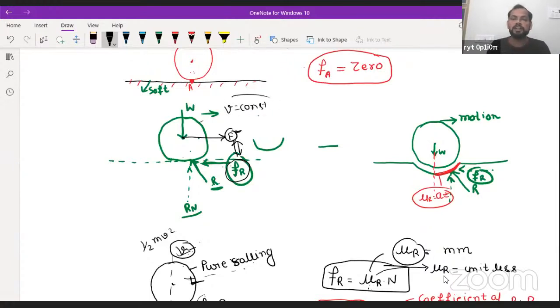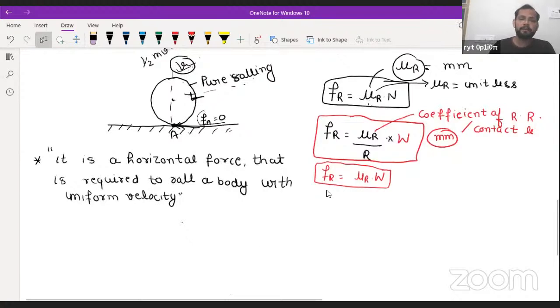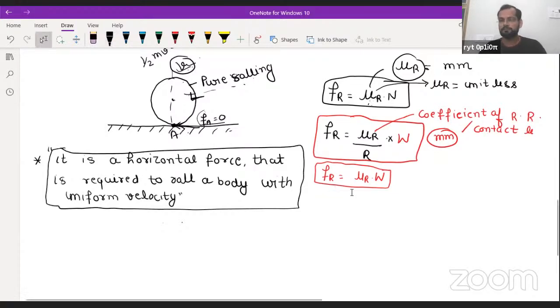Fine. Is it clear to all of you? So please respond yes or no. Is there any doubt? Or we can start the next topic, that is the application of friction. Any doubt?